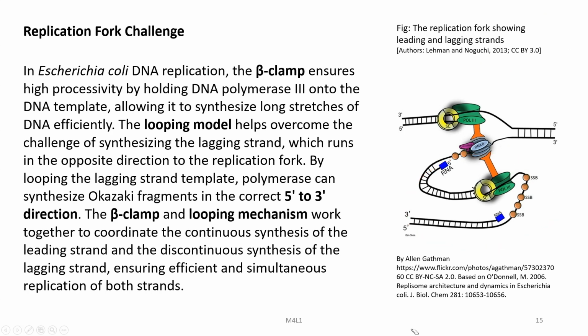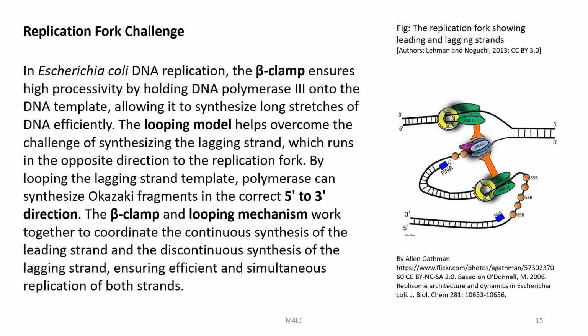So, in E. coli DNA replication, and not only in E. coli, the beta clamp ensures high processivity by holding the DNA polymerase III onto the DNA template, allowing it to synthesize long stretches of DNA efficiently. The looping model helps overcome the challenge of synthesizing the lagging strand, which runs in the opposite direction to the replication fork.